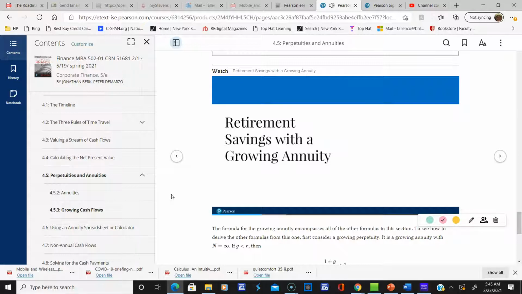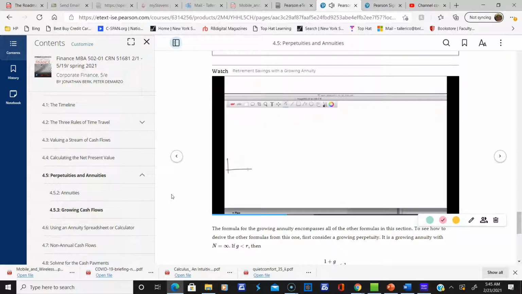I'm going to solve this problem in precisely the same way as Ellen's earlier problem. First I compute the present value of all of Ellen's payments, and once I have that, I compute the future value by compounding the present value 30 years.